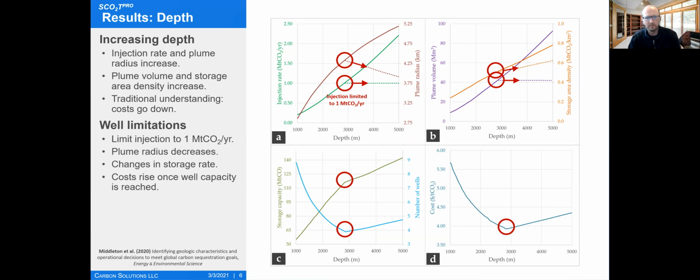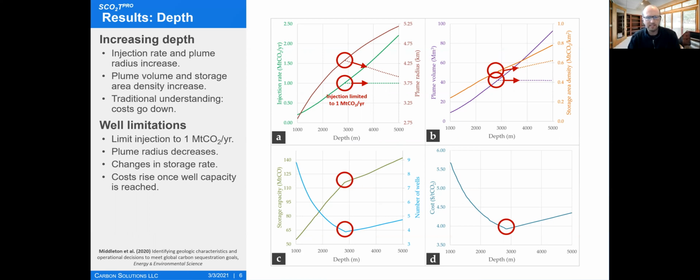No longer is going deeper better for you. And so these red circles are showing you that inflection point. So for example, once you hit 1 million tons a year, we now see in the top left chart, the green dotted line is flat, but the blue radius starts to go down as you go deeper.